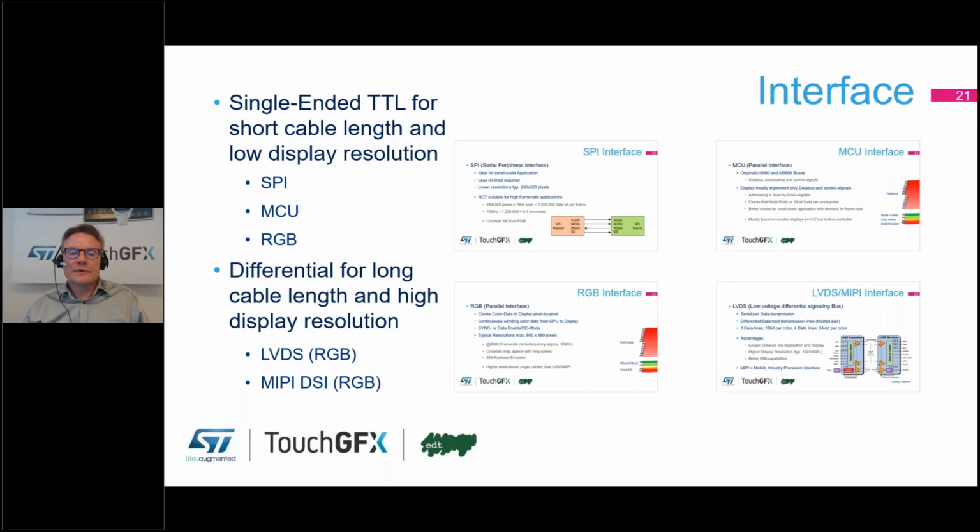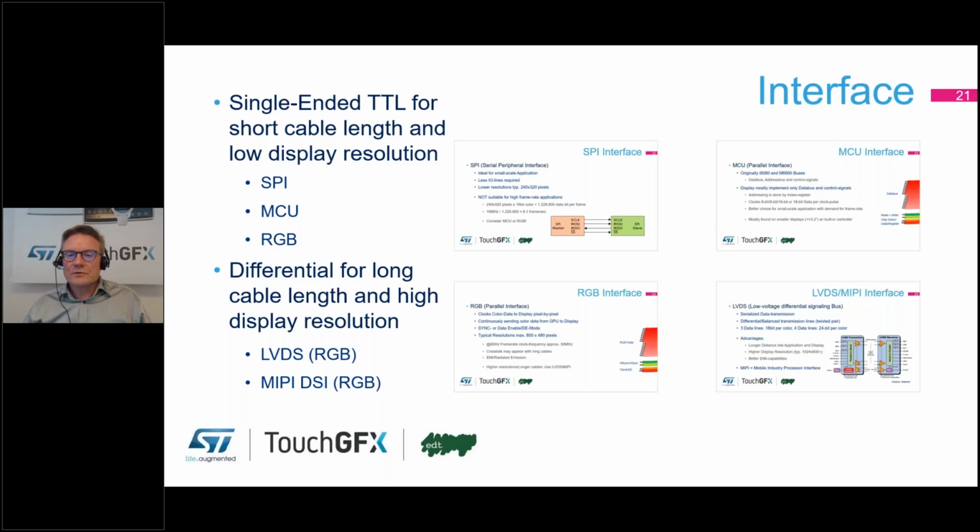The alternative to MIPI, if you're looking at a differential signal, would be the LVDS interface, and LVDS is commonly used in large panels like 15.6-inch, 15-inch, 12-inch, 10-inch, and even down to 7-inch if you have a resolution of 1024 × 600.